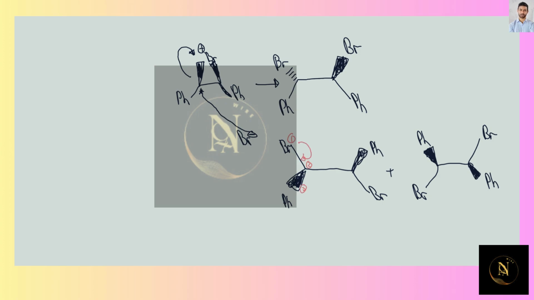So we're going in this direction. That means that we have an absolute configuration corresponding to an R configuration. And on this side, the order of priority is going to be 1, next up 2, and next up 3. So over here, we would have counterclockwise, generating an S configuration.